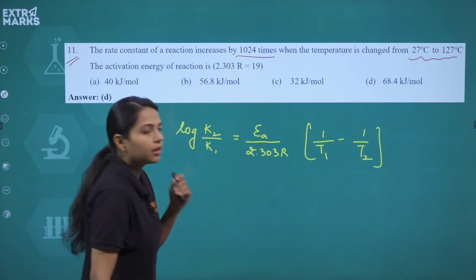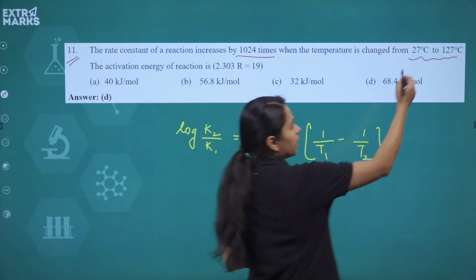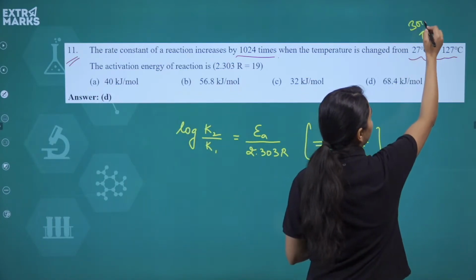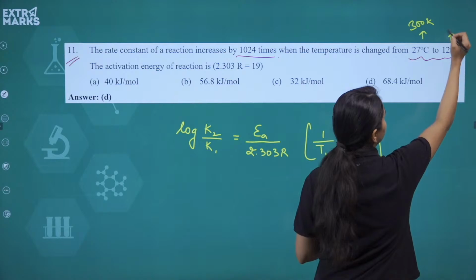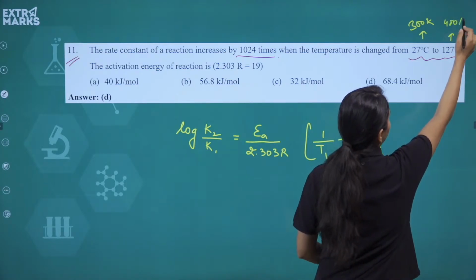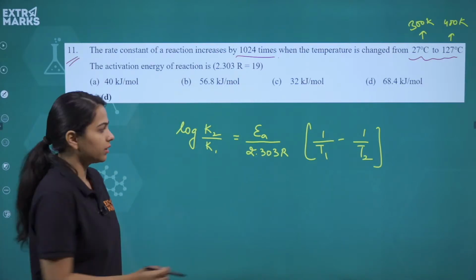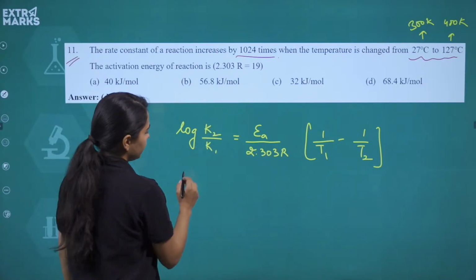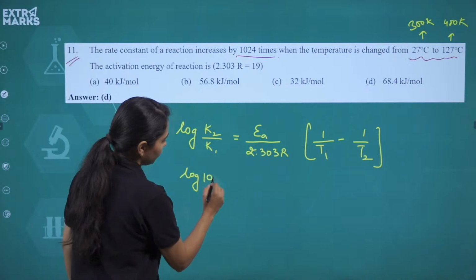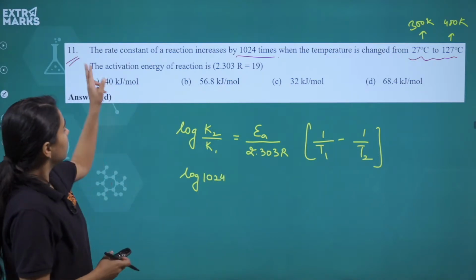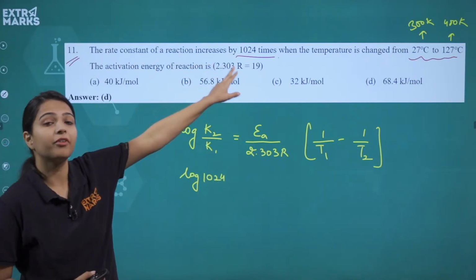Now over here 27 degrees Celsius means we are talking about 300 Kelvin temperature, and 127 degrees Celsius means 400 Kelvin directly. Alright. Now if I want to solve this out, this value is given to me, this is also given, this is log 1024, because what is changing? Rate constant is increasing by 1024 times.